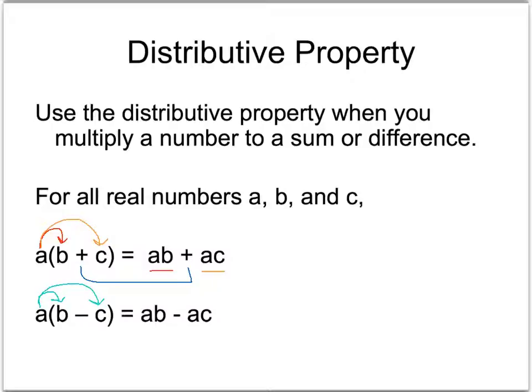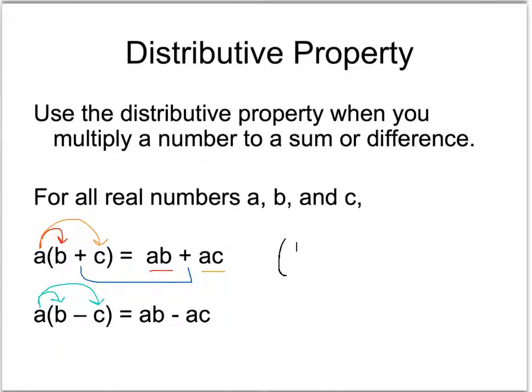Now it doesn't matter if the number that you're multiplying comes in front of the parentheses or at the end of the parentheses, because if we have an example that looks like this, B plus C, and A is after the parentheses, you still are going to distribute that A through.